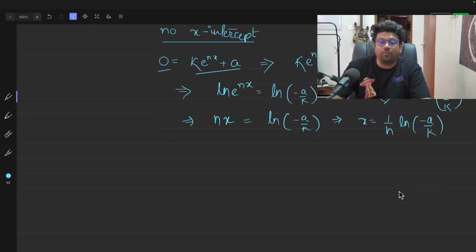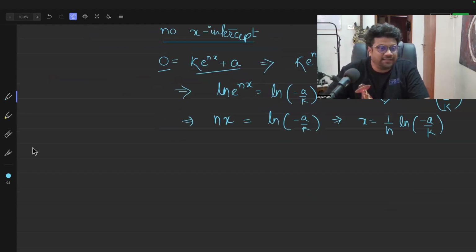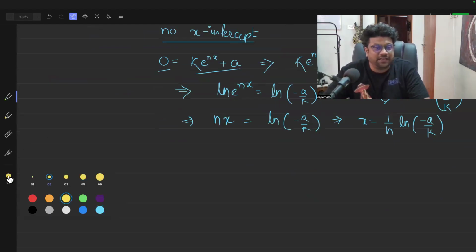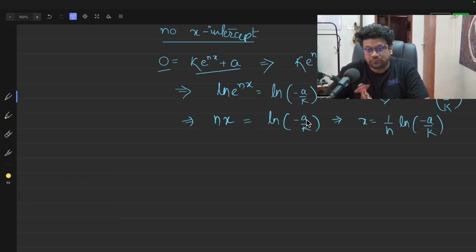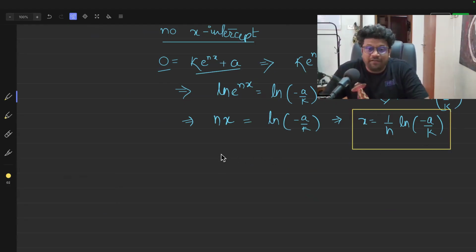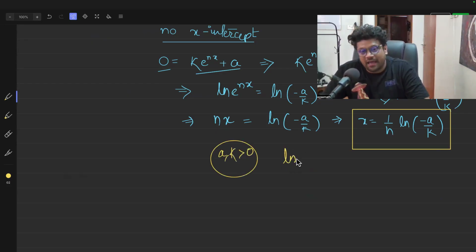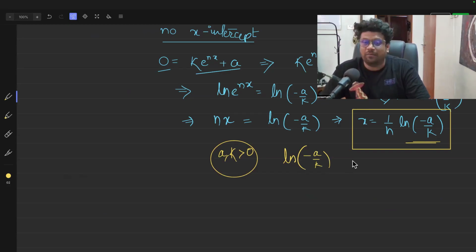That's the form of the x-intercept for any exponential curve. Now, whenever a and k are positive, ln of negative a by k is not going to be defined. There's going to be no x-intercept to the curve in that case.